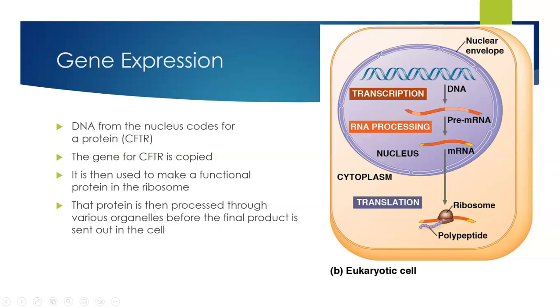It's kind of like the DNA encodes the recipe for building that ion transporter. So the gene for that CFTR protein, or the normal chloride ion protein channel, is actually copied out of the DNA because the DNA always stays in the nucleus. So we make a copy of the gene that we want to use.